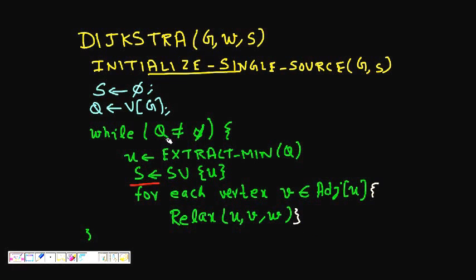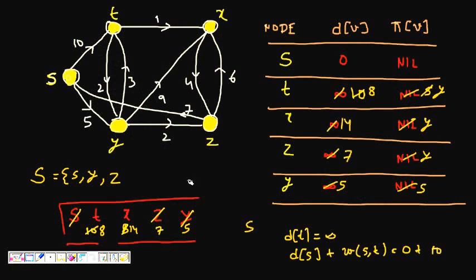So while q is not empty, we extract min, and for each v adjacent to u, we try to relax all the previous nodes also, even those which have come out from the q. So z, we relax s, which had a 0 value initially. Now if I go from z, it is 7 plus 7, so 14, so it's of no use updating s.